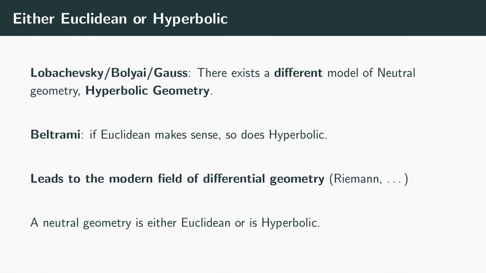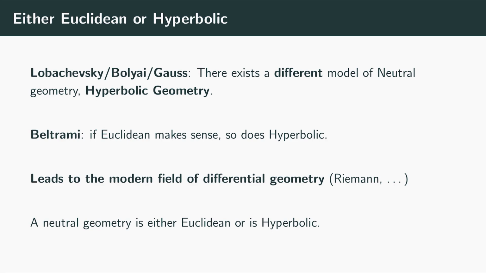It turns out that a neutral geometry is either Euclidean geometry or it's hyperbolic geometry. This is an important theorem that gives you a dichotomy in the neutral geometry world. Lobachevsky, Bolyai, and Gauss show there exists a different model of neutral geometry, the hyperbolic geometry, which is fundamentally different from Euclidean geometry.